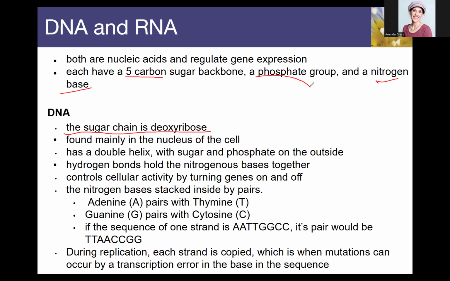It has a double helix with sugar and phosphate on the outside. So the sugar and phosphate are on the outside of the double helix. This also uses hydrogen bonds to hold the nitrogenous bases together. So that nitrogen base, hydrogen bonds, in order to give us that double helix structure.